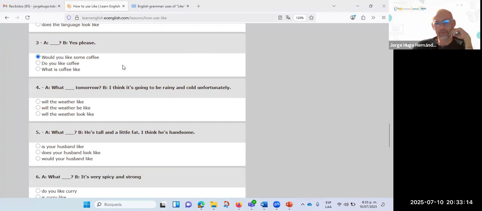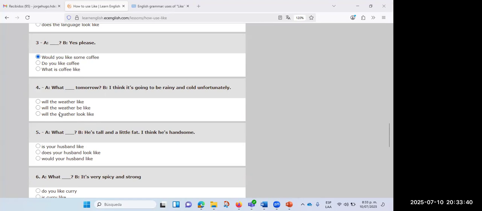Next, number 4. Flor Marina. What will the weather like? What will the weather be like? Or what will the weather look like? And the answer is, I think it's going to be rainy and cold, unfortunately.